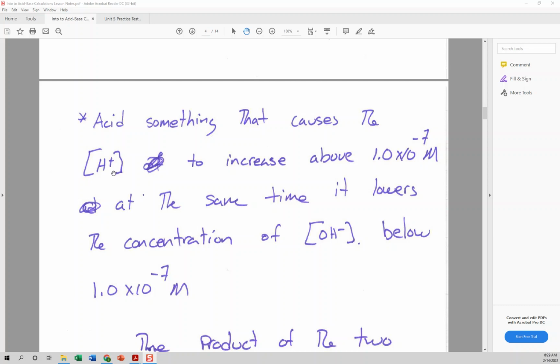And remember, the starting point for both is 1 times 10 to the negative 7. So if my H plus concentration is above 1 times 10 to the negative 7, I'm going to have an acid solution, and my pH is going to be below 7. If my H plus concentration is below 1 times 10 to the negative 7, then I'm going to have a basic solution, because when I do the negative log, it's going to be above 7.